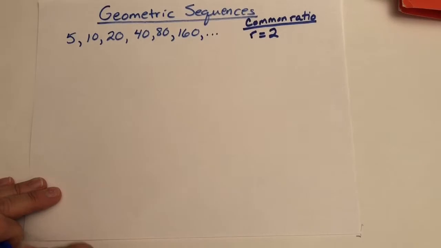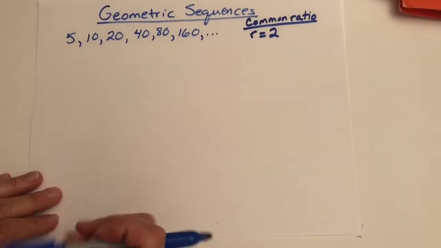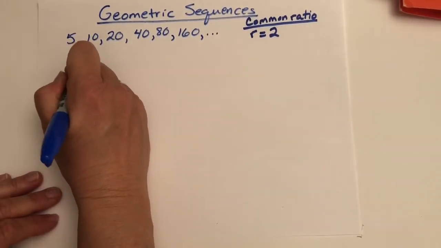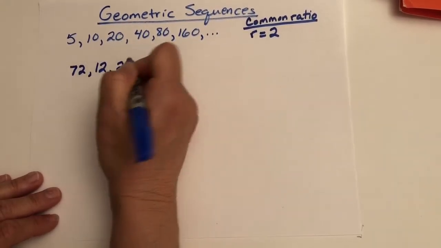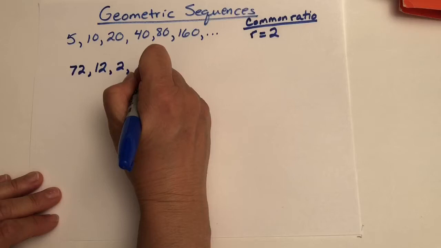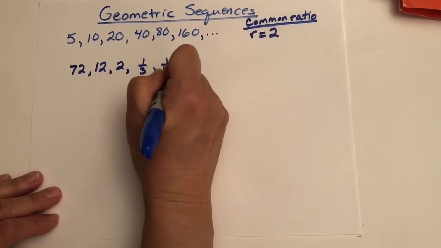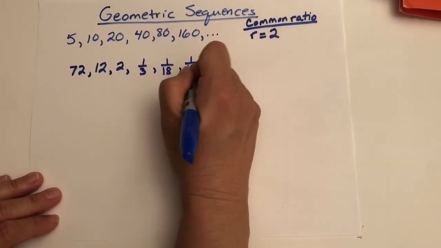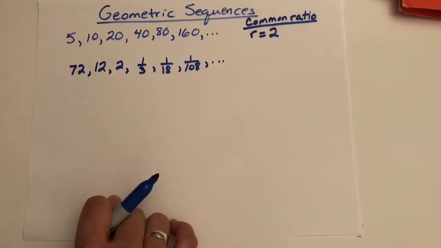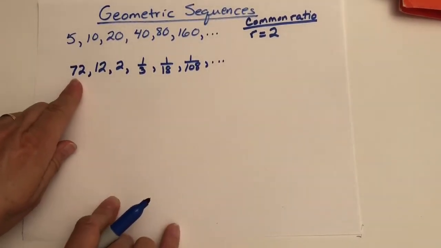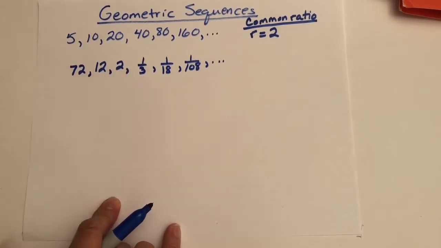Let's look at another geometric sequence: 72, 12, 2, 1/3, 1/18, 1/108, and so on. You may be seeing that you would need to divide by 6 to get from one term to another.